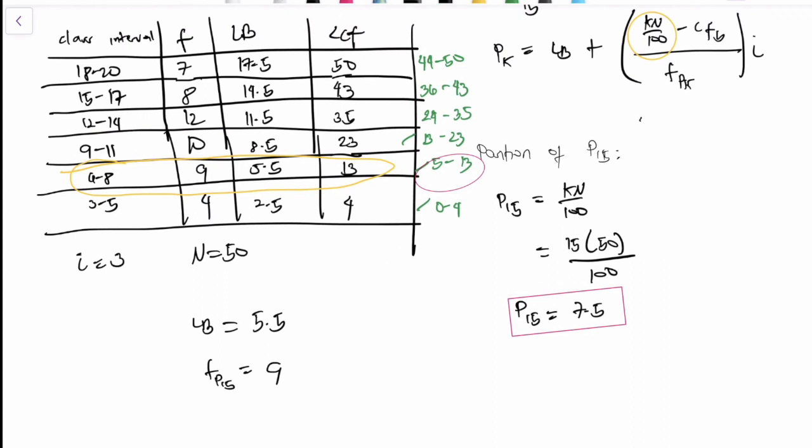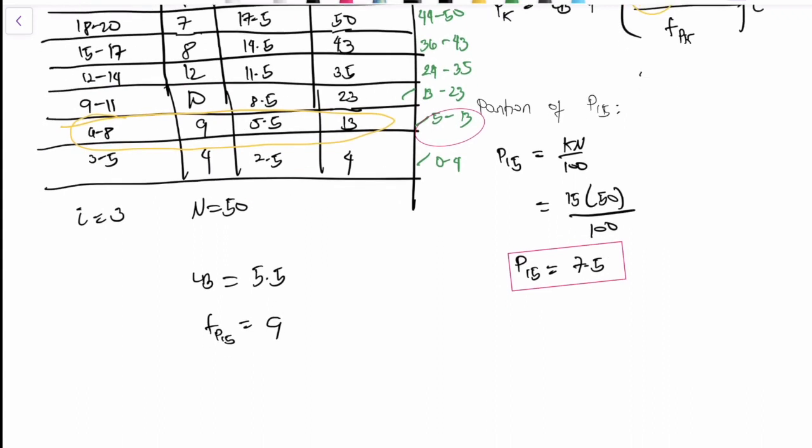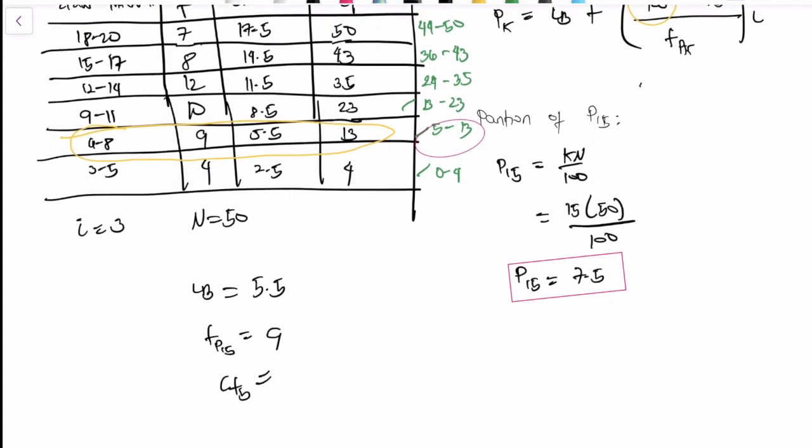Rather, we will use the cumulative frequency below it, because CFB refers to the cumulative frequency before the Pk class, or before the P15 class interval.